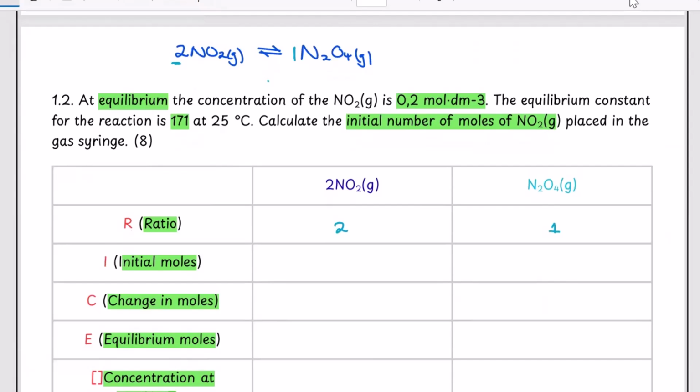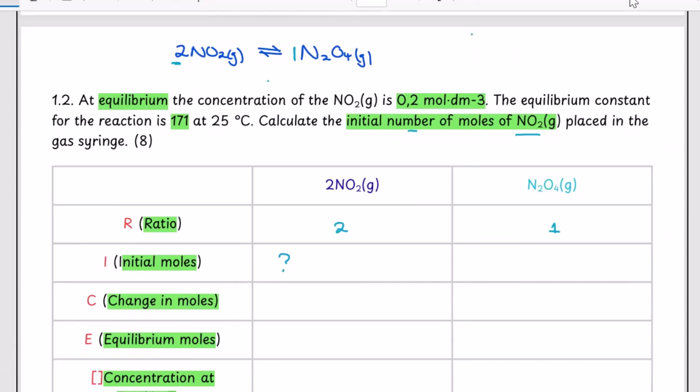For the initial number of moles, this is what we're looking for, because the question says calculate the initial number of moles of NO2. So this is our unknown, our X. Remember, you start with the reactants to formulate your products. So initially we have zero of the products.